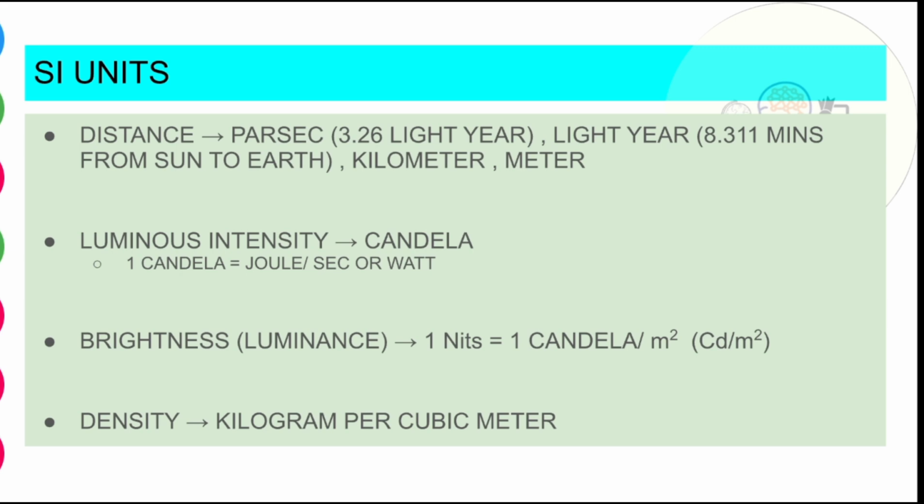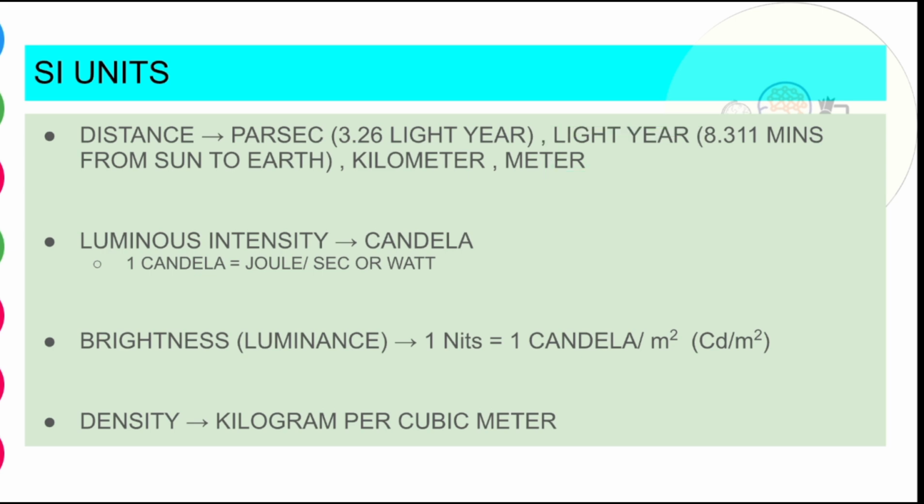So next, the SI unit of distance, like parsec, light year, kilometers, meters. So what is this parsec, light year, kilometers, meter? See, generally, distance will be measured in meters and kilometers. The highest values of distance that we measure is through the light year.